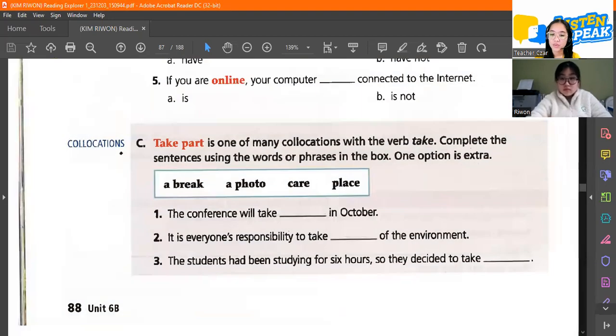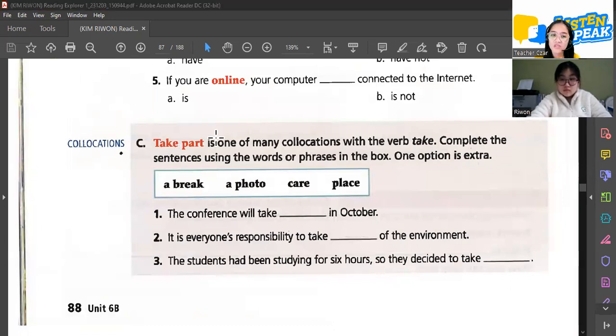So this one, you will be having the word take part. Okay, and it is one of many collocations with the verb take. So take part is from the word take, which is a verb. So you need to complete the sentences using the words or phrases in the box, and one word is extra.